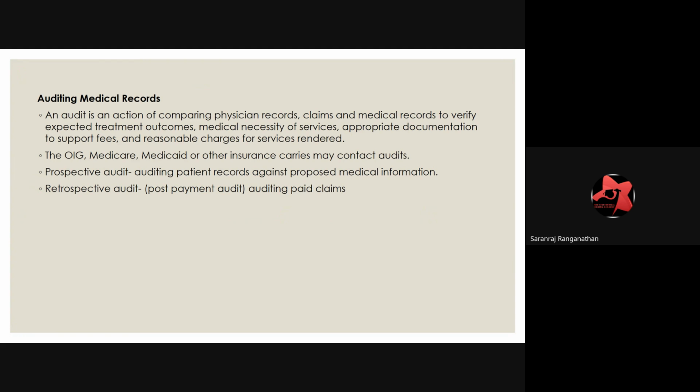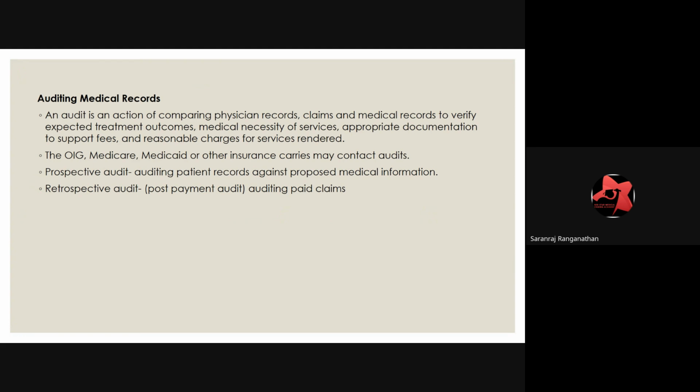Then auditing medical records. An audit is an action of comparing physician records, claims, and medical records to verify expected treatment outcomes, medical necessity of the service, appropriate documentation to support fees, and reasonable charges for services rendered. So auditing means they are checking whether it is needed or not, whether it is a false claim or fraudulent activity.